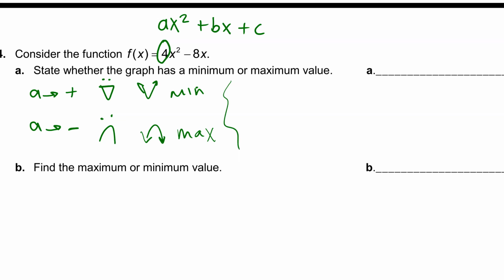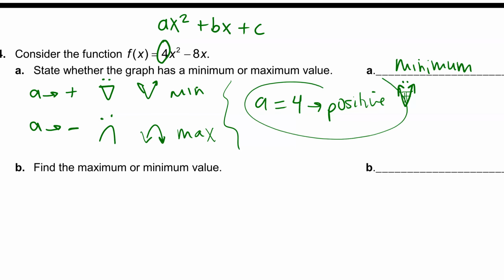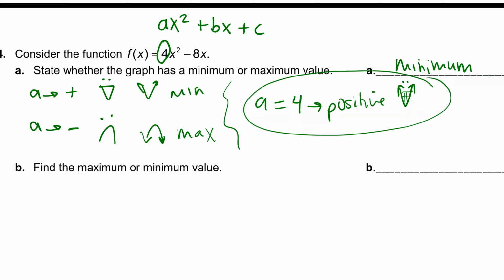So the work you would show is a equals 4, positive. You could even draw the smile, which means it's going to have a minimum. This one doesn't have to be tons of work. If you drew this part right here, that's enough work.